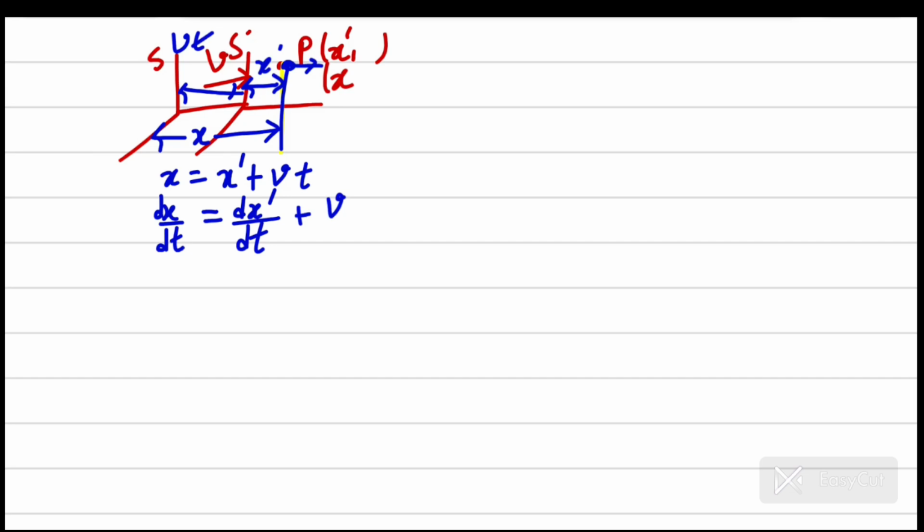So from this equation, we can say that the speed of the particle with respect to S is equal to the speed of that particle with respect to S prime plus speed of S prime reference frame with respect to the S. So here the velocity of that object is different in these two different reference frames.